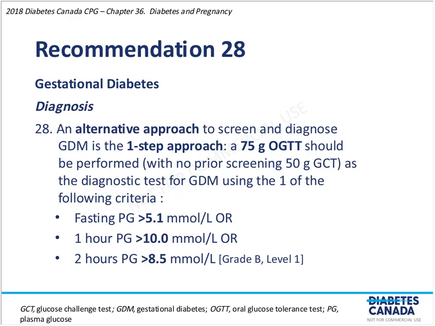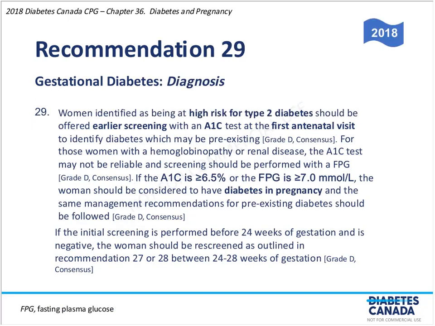And of course, the 75-gram glucose tolerance test results are clearly different from the non-pregnant state. So it's just a bit confusing. I know in Victoria we use the 1-step model just to try to avoid confusion, recognizing that the 2-step approach has much more data and outcome data associated with it.